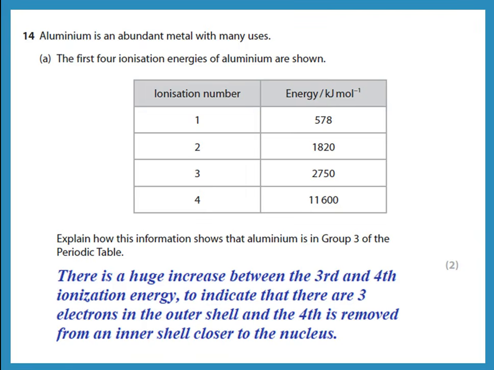So that means that the 3 electrons were in the same shell, in the outer shell, and once we have removed them, for the fourth ionization energy, we're trying to remove an electron that is in an inner shell nearer to the nucleus, more strongly attracted to the nucleus, so it needs a much higher amount of energy to remove it. So when you find that there is a huge increase in the ionization energy between the third and the fourth, that means the atom is in group 3.